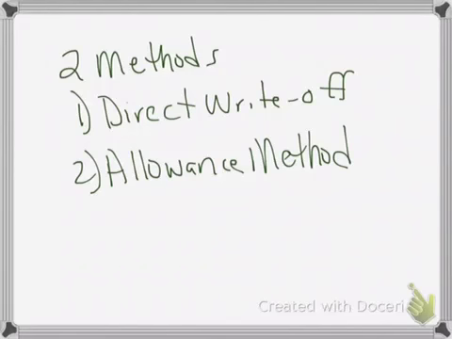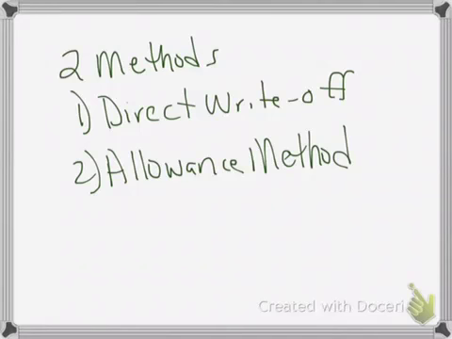The second method that we will look at is the allowance method. Now, with the allowance method, this is in conformity with GAAP. What it does is we do an adjusting journal entry at the end of the period, and we match that bad debt expense with the time period in which the money has been earned.